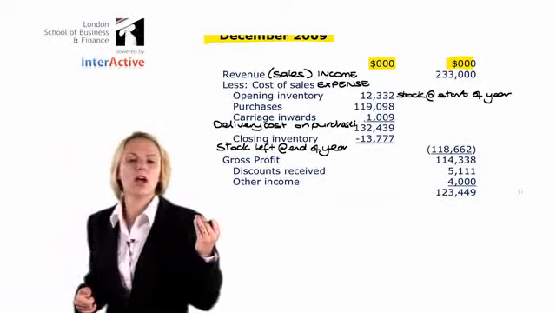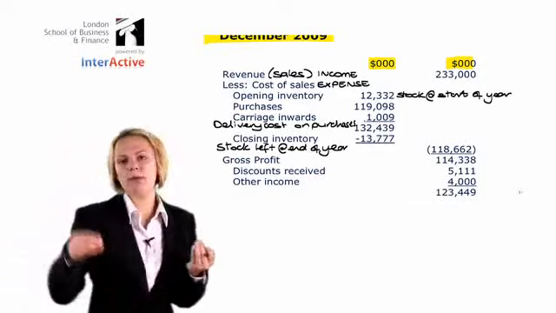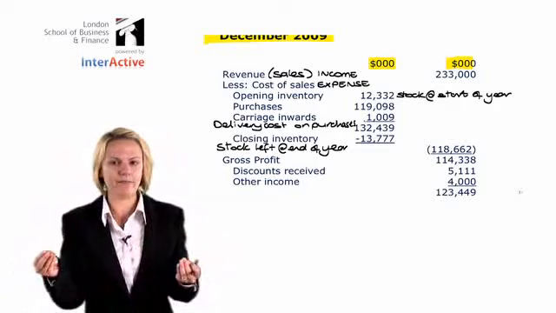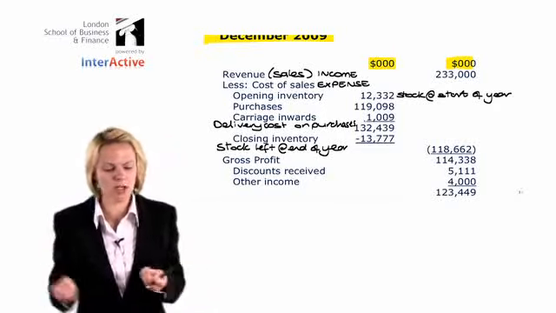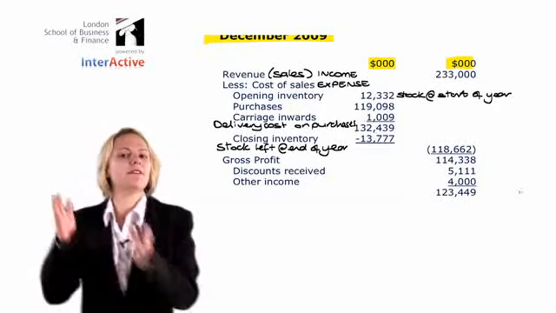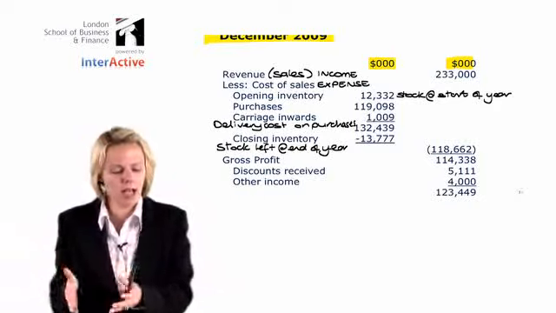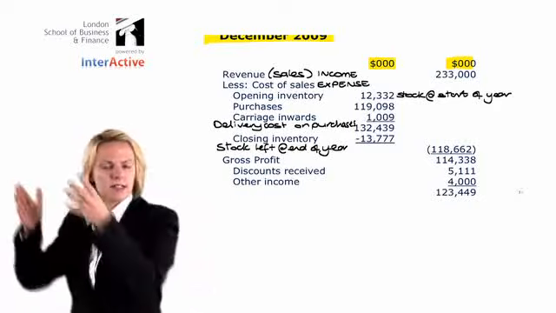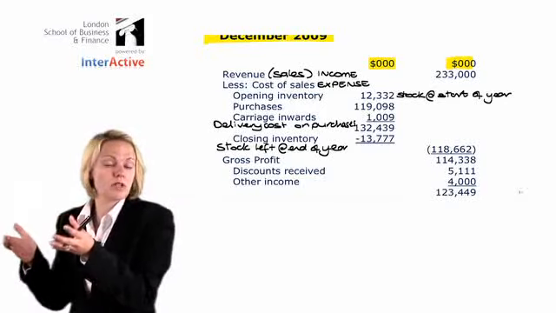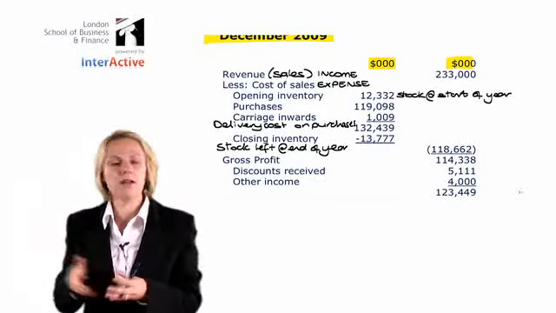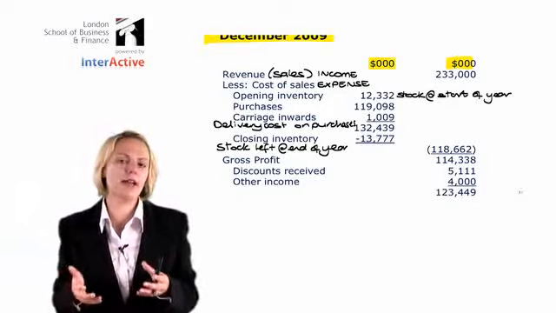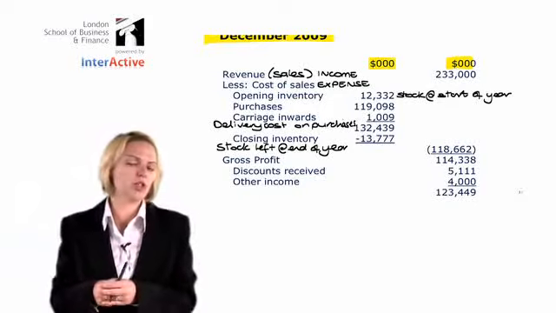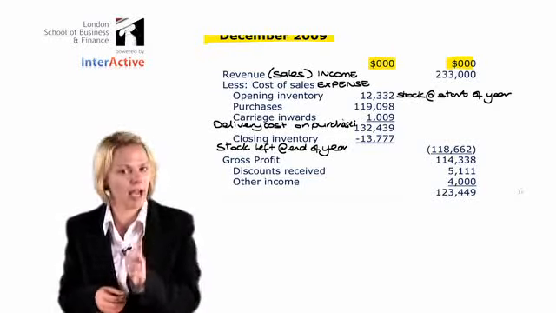So one year's closing inventory will be the next year's opening inventory. Okay? So we will see this figure again, but in the next accounting period, and we will match that against the sales that we made, because we must have sold them next year. For now, though, any stock left unsold would need to be deducted from cost of sales because you haven't sold them yet.